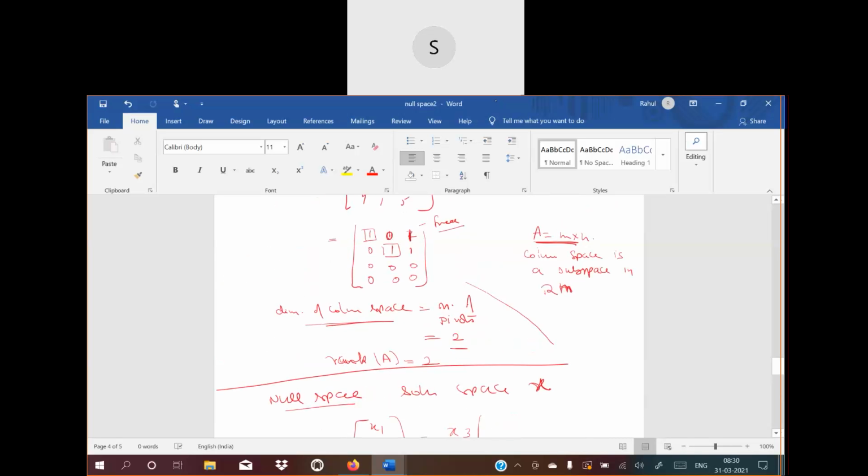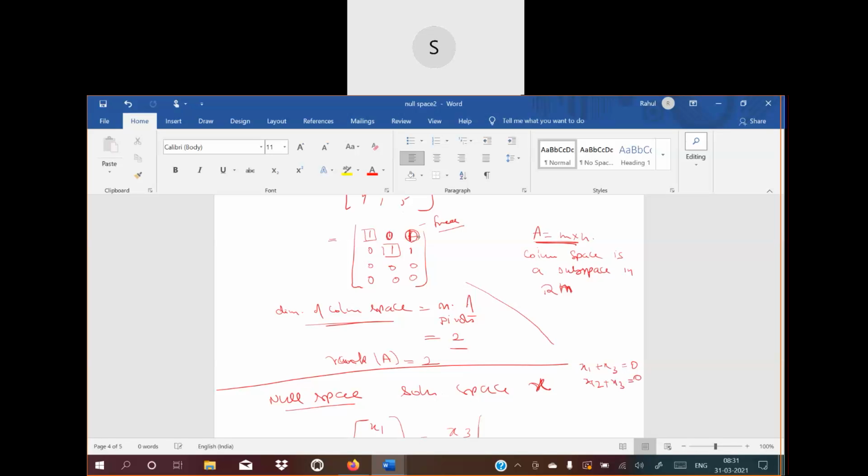From here you are writing into the form of equations, which is x1 plus x3. I think here this should be 0. No, ma'am, it was coming 1 only. Okay, if it is coming 1, then the equations are x1 plus x3 is equal to 0, then x2 plus x3 is 0.